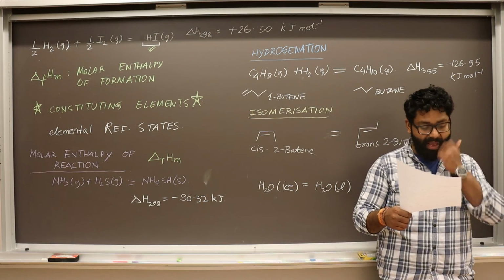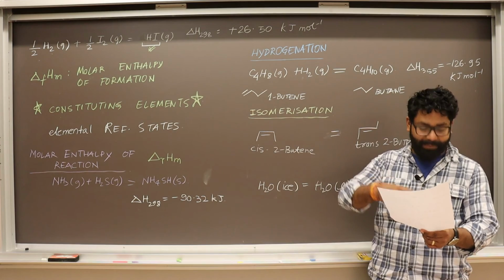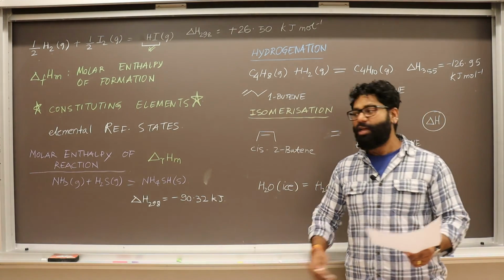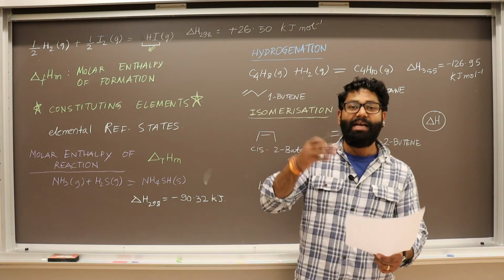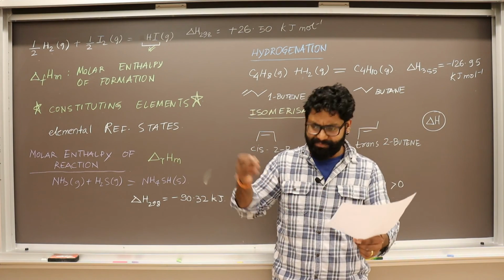Pretty simple concept. Now, you can have molar enthalpy of sublimation when you have a solid turning into a gas. You can have molar enthalpy of vaporization when you have liquid turning into vapor state. So all these kinds of things are there.